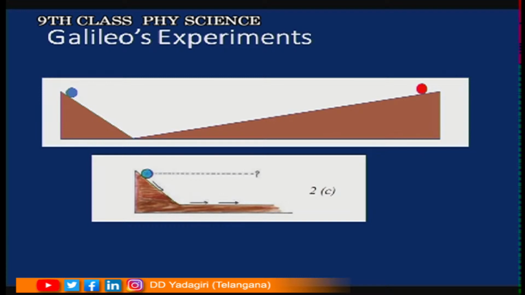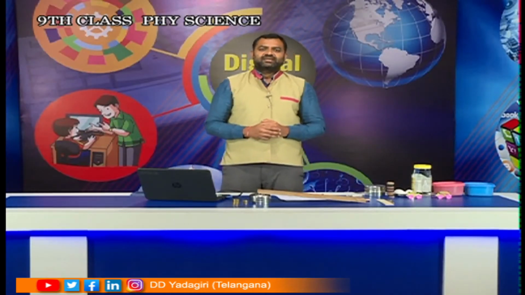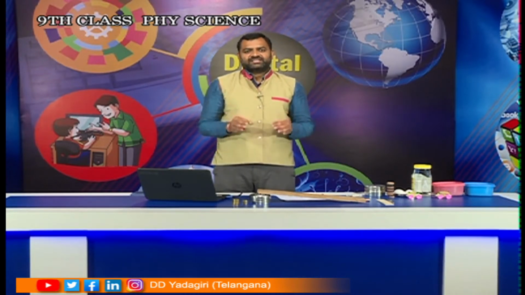If this object were to reach the height as in the previous case, how far should it travel? The answer: it should reach an infinite distance. So, Galileo concluded that an object in motion on a level surface has to move continuously without any break.